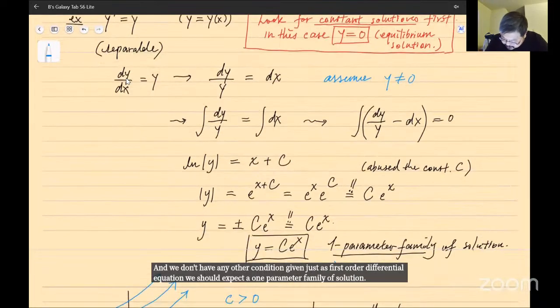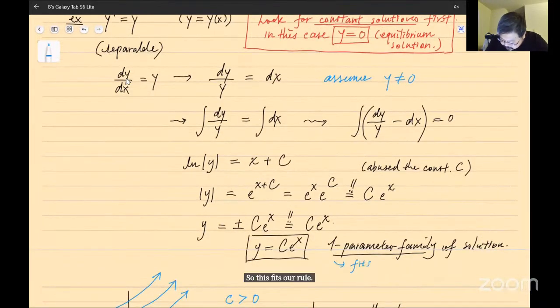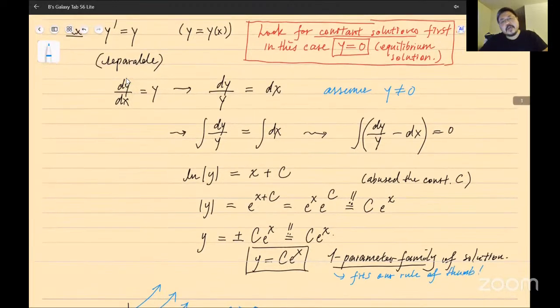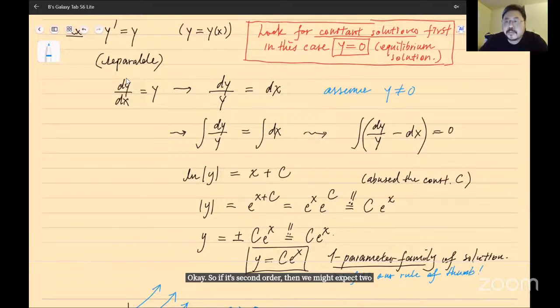So this fits our rule of thumb. If it's second order, then we might expect two parameters. But because this is first order, that's how you can sanity check. Hey, we got one constant. Does that make sense? All right.